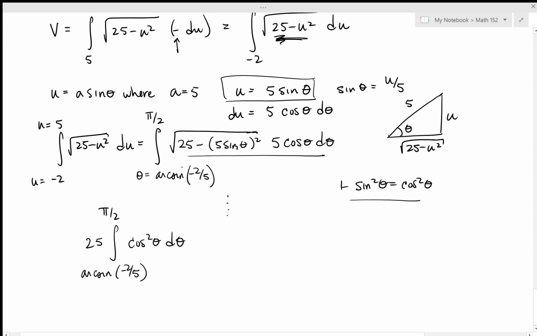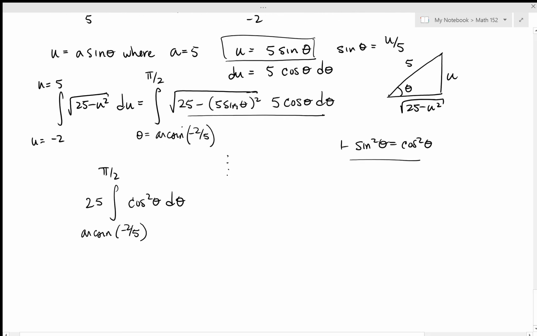All right, that is where we have been many times before. There it is, that cos squared theta again. So then you proceed with the trig identity that we have been using for that: cos squared theta is 1 plus cos 2 theta over 2. So you need that trigonometric identity.